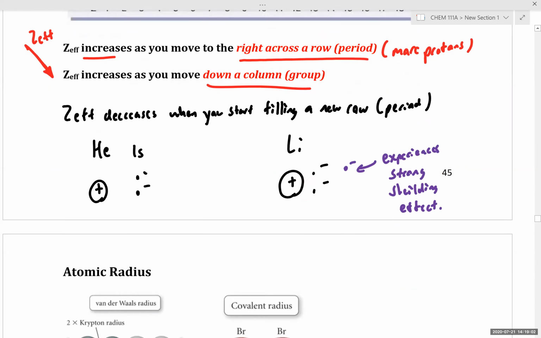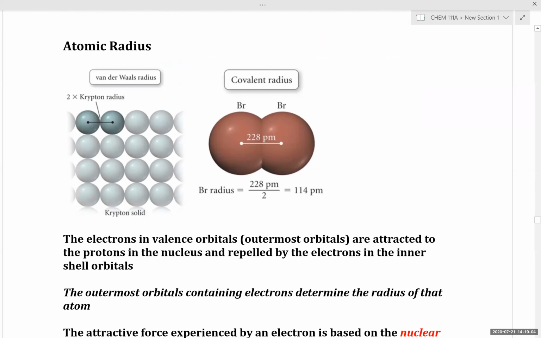Okay, so let's keep going now. Let's talk about atomic radius. There are 2 ways of looking at atomic radius. Van der Waals, where we have 2 atoms not bonded, while your covalent radius is looking at 2 bonded atoms and the distance between the nuclei for 2 bonded atoms.